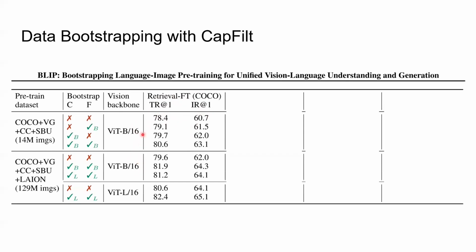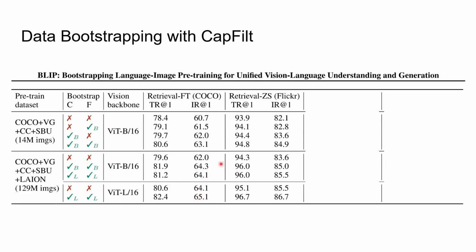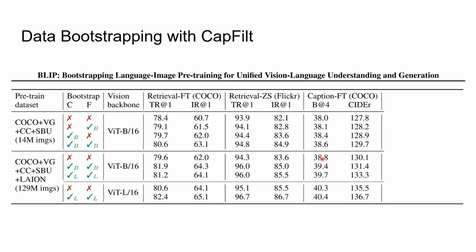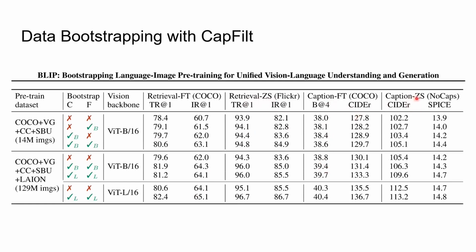So for retrieval with fine-tuning, you can see on text retrieval and image retrieval, the larger the backbone for the model itself, as well as the inclusion of the captioning and filtering, seems to boost performance. This sort of behavior is seen also with retrieval with zero shot, as well as caption with fine tuning and caption with zero shot. You basically see that as you include captioning and filtering, you can see performance gains, as well as when the size of those captioners and filters, or rather the backbone that they're utilizing, increases as well.